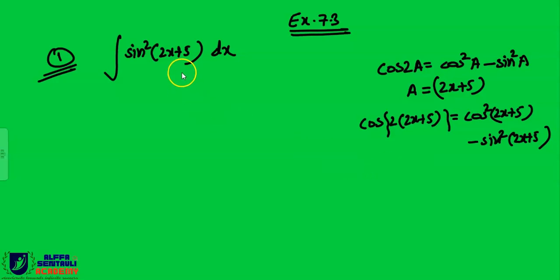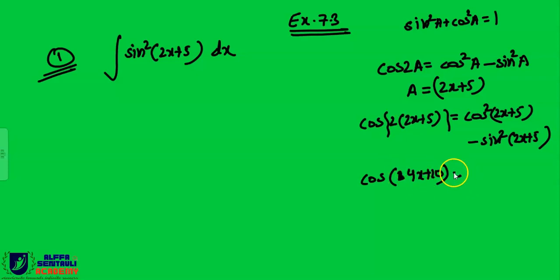Now you want your answer completely in terms of sine square 2x plus 5, right? So you can replace this cos square term in terms of sine square. You know this identity, sine square a plus cos square a equals 1. So cos square can be written as 1 minus sine square. Multiplying the angle by 2, this will become 4x plus 10.